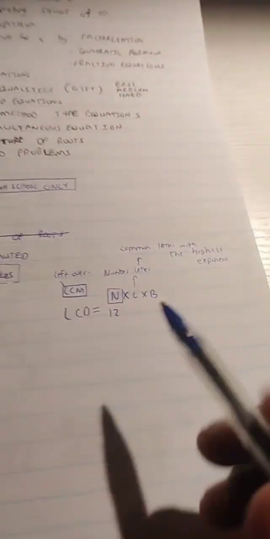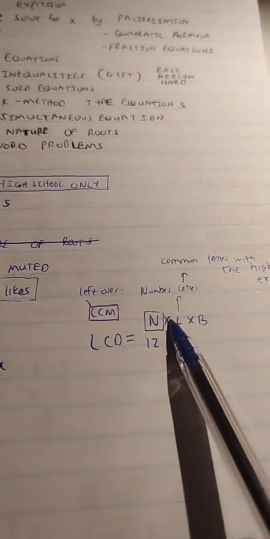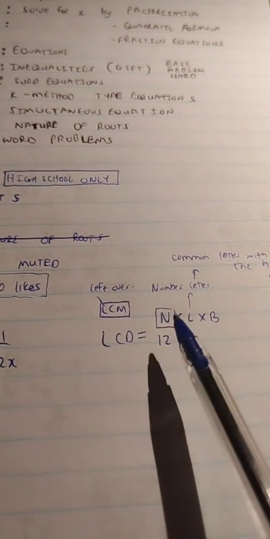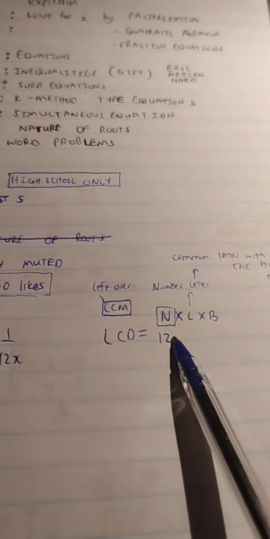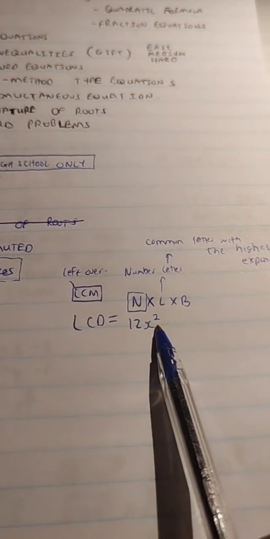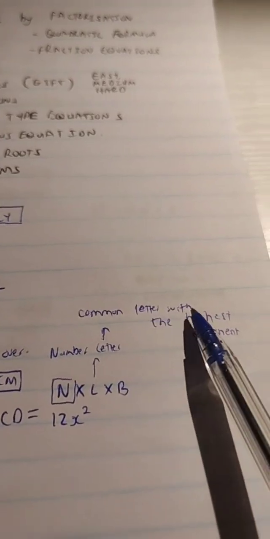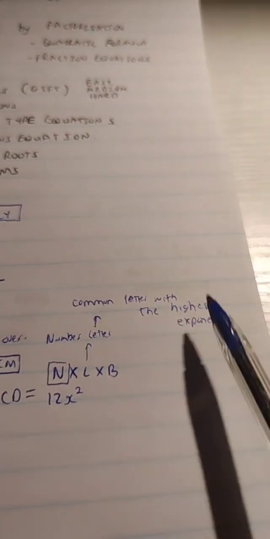X squared. So then we are going to multiply the n that we got, the lowest common multiple number, with the lowest common multiple letter, the common letter with the highest exponent.